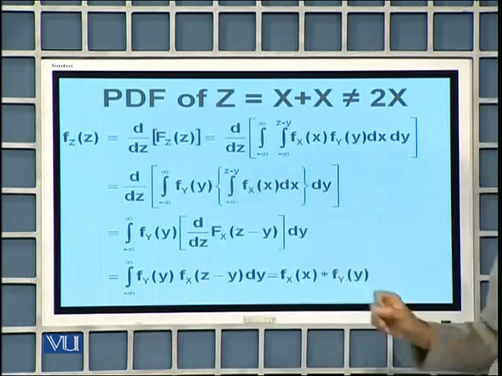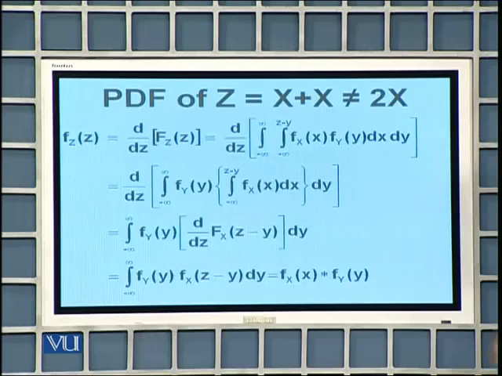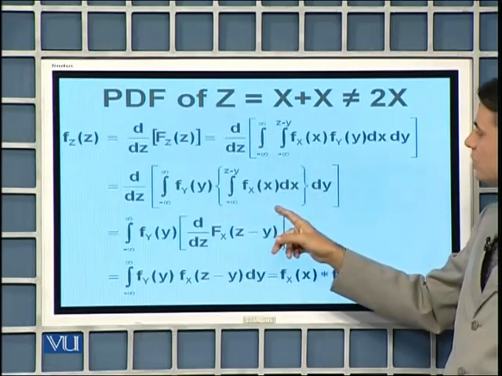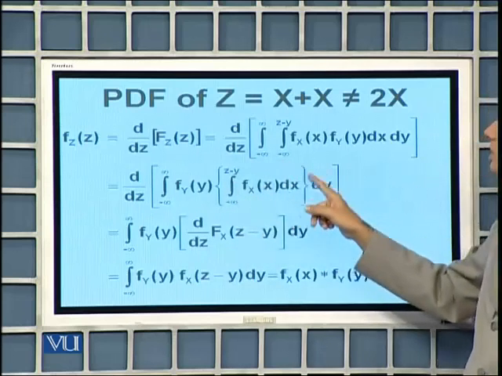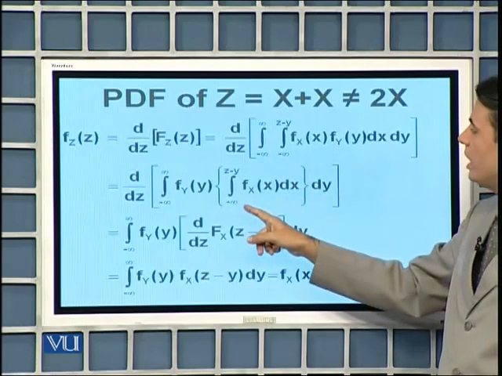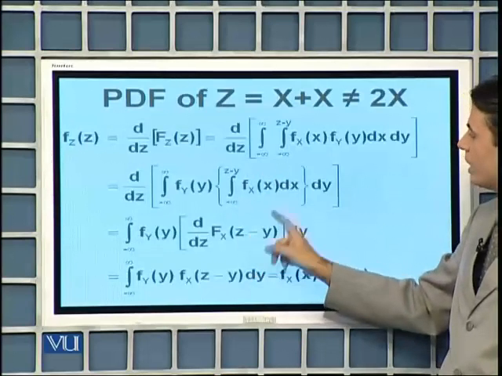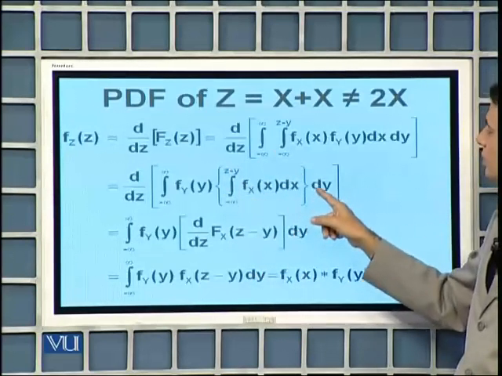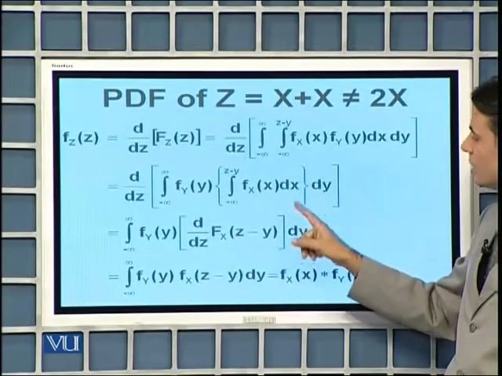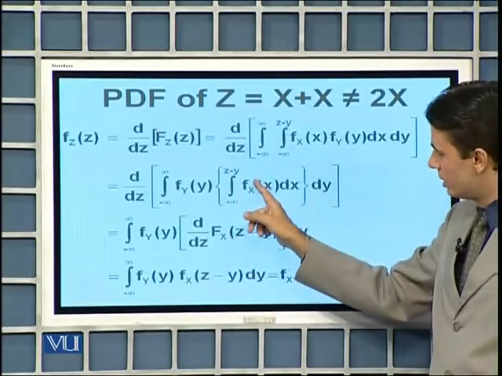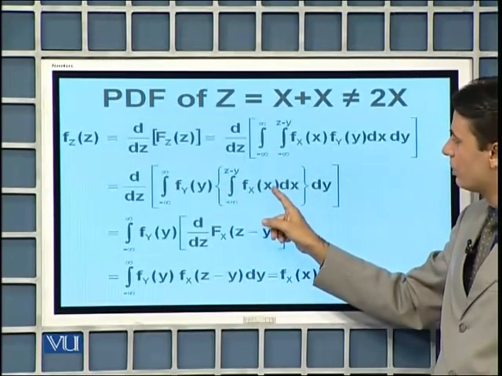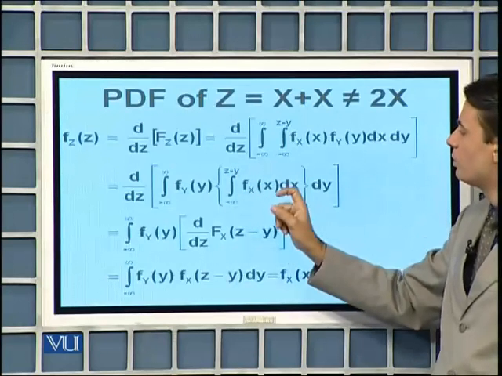You will get this expression shown on the next line, and this expression shows that the inner integral is equal to the CDF of x with a value of z minus y. So this internal expression shown in curly braces is equal to the CDF of x with value z minus y.